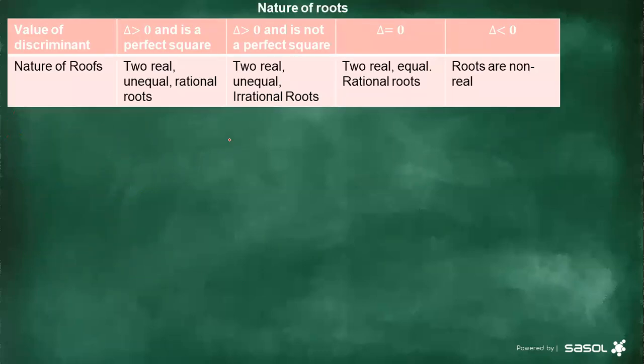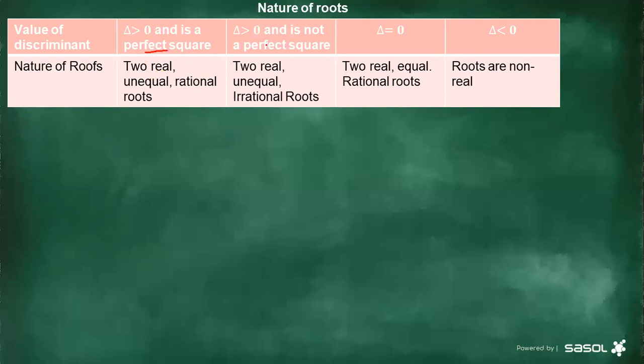All right, now we are under nature of roots. Under nature of roots, you must be able to know this table, it's very, very important. When delta is greater than 0, what is really happening? It's real, unequal, rational roots. And then when delta is also greater than 0, but now it is not a perfect square. Remember, we have perfect squares such as 1, 4, 9, 16, 25, 49.